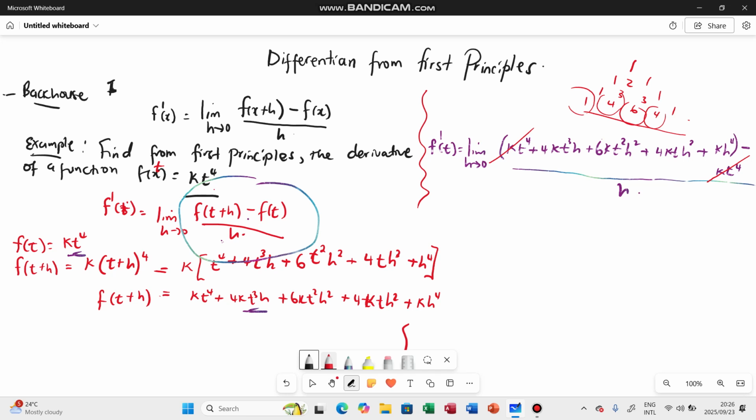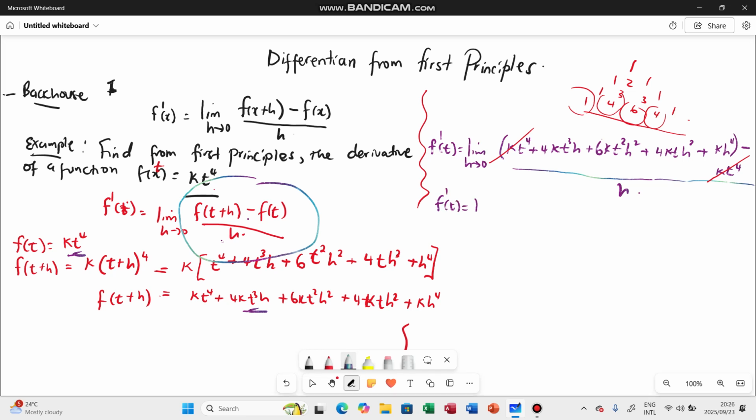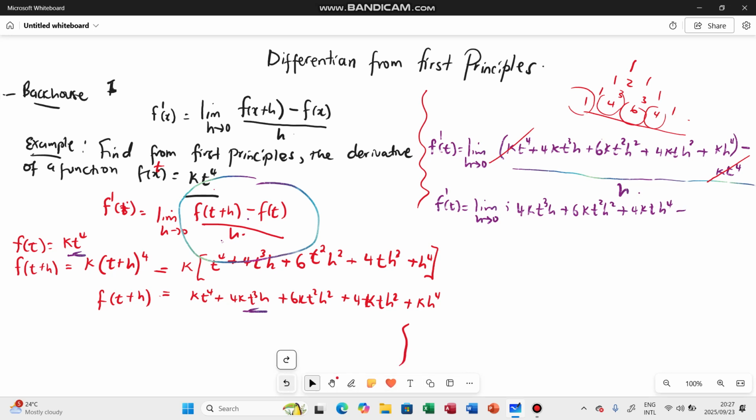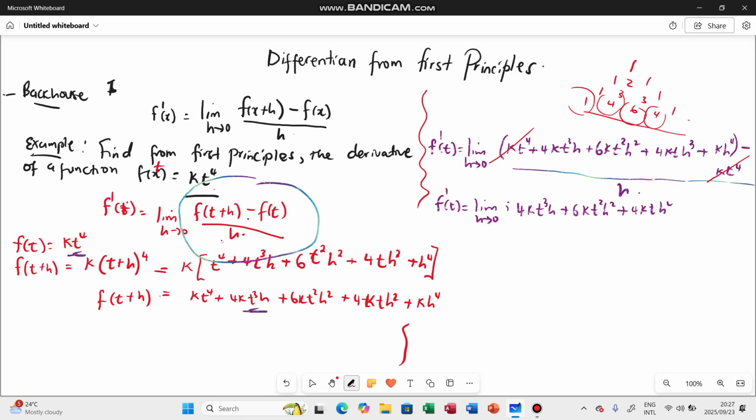If they cancel out, it means I'm remaining with the limit as h tends to 0 of 4kt cubed h plus 6kt squared h squared plus 4kt h cubed, sorry, this one is h to the power 3, because it increased from 2 to 3, then plus kh to the power 4, divided by our h.